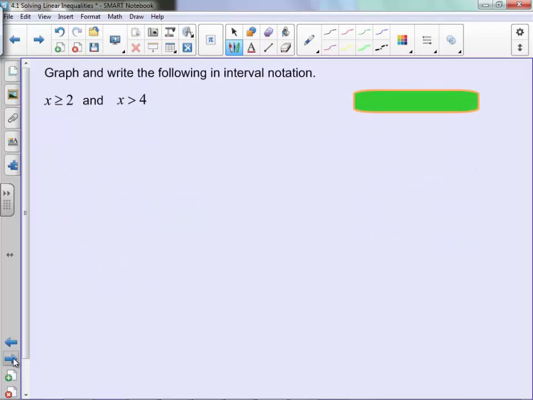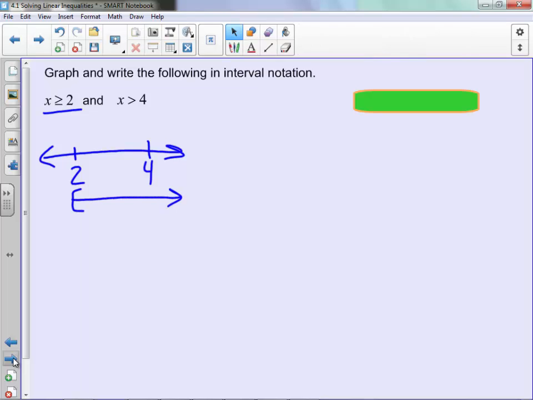Alright, same idea. Let's go ahead and draw our number line. We know we're going to have a 2 and a 4. So let's start by looking at this one. We want greater than or equal to 2. So we're going to go this way. And then this one we also want greater than 4.